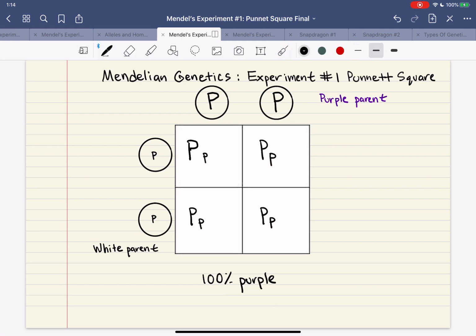We can say their phenotype, we already learned that, how they look, their appearance, is 100% purple. We can also now say their genotype, 100%, what is it called when you have 1 of each? Heterozygous, 100% heterozygous. Hopefully that makes it a little more clear about why he saw those results.